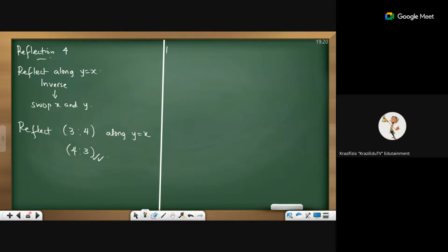Number 5, reflection 5. And I'll give you this last question to now do for me. Reflect along a line. This is the one, November 2024. Take notes.